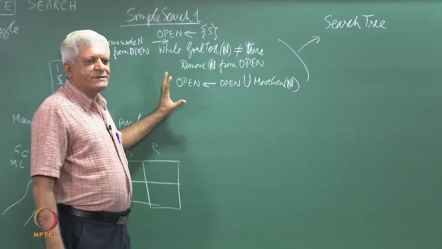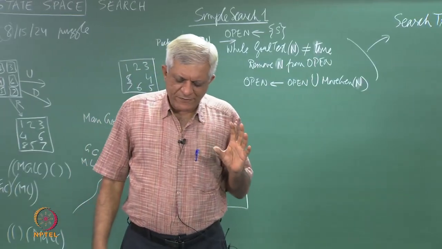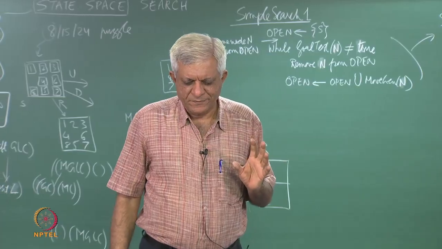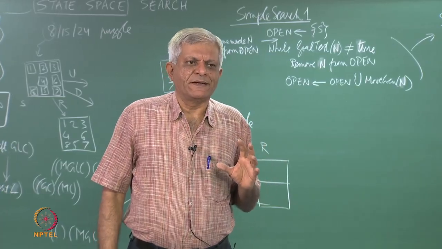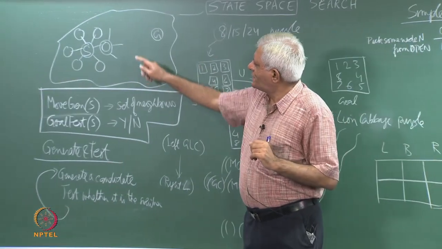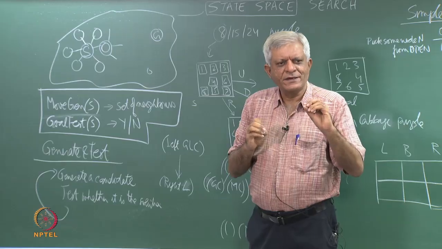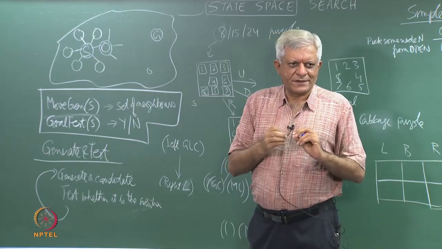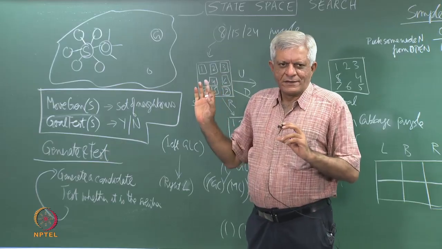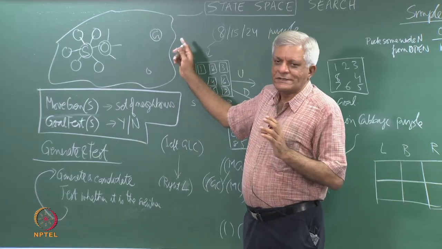What this algorithm does is it generates a search tree. Okay. So, one thing that I should clarify is that even though we see the state space as a graph, because from every state you can go to neighboring states, every edge is a move from one state to a neighboring state, and the whole state space is a graph. And essentially what we are trying to do is to find a path from a start state to a goal state in this graph.